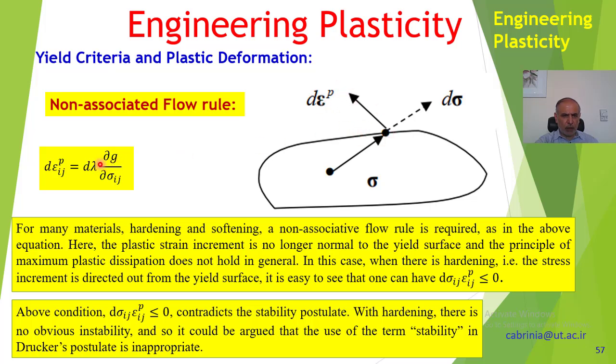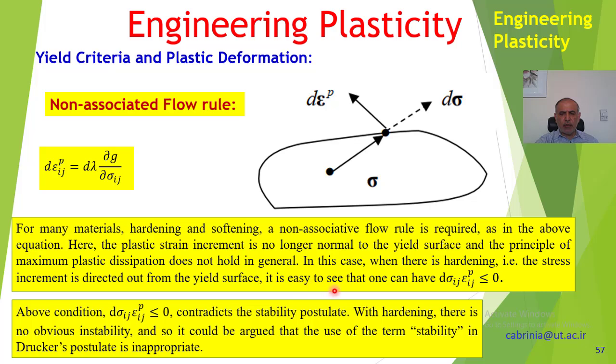We have another function. So for many materials, hardening and softening, a non-associated flow rule is required, as in the above equation. Here, the plastic strain increment is no longer normal to the yield surface, and the principle of maximum plastic dissipation does not hold in general. In this case, when there is hardening, the stress increment is directed out from the yield surface.